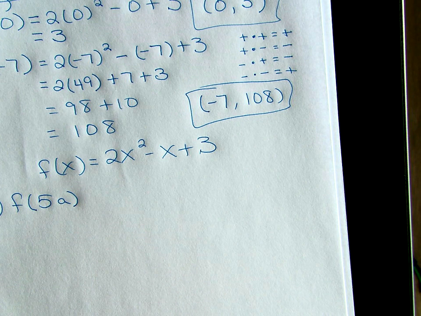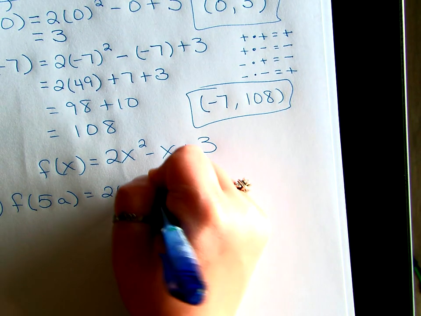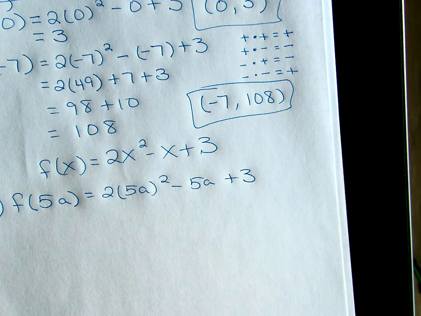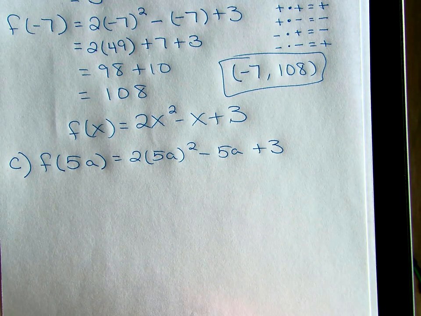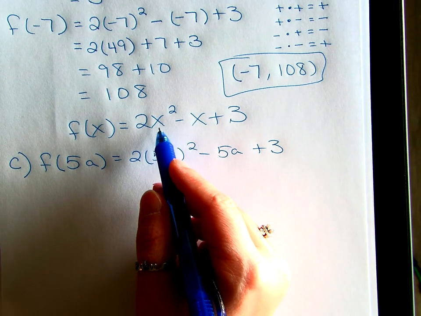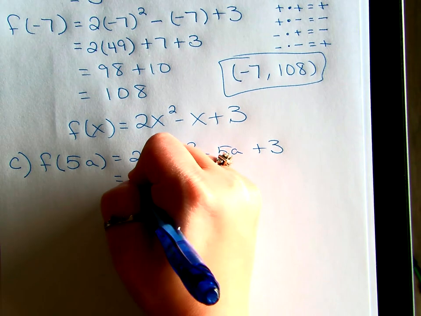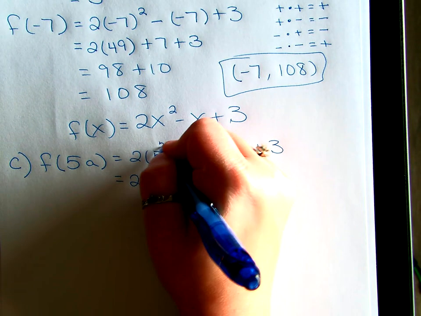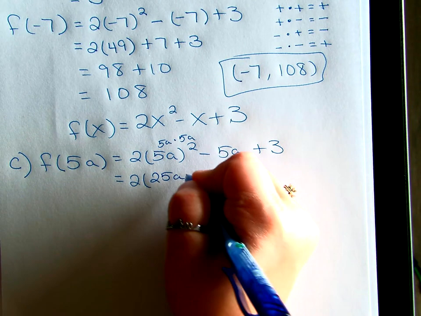You're still going to have 2 times 5a squared minus 5a plus 3. You're still putting the 5a in anywhere that there was an x. And then you're going to simplify it out as far as you can. 2 times, well, 5a squared is 5a times 5a. That's 25a squared. Minus 5a plus 3.